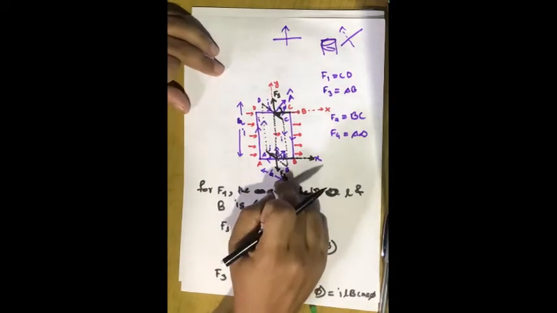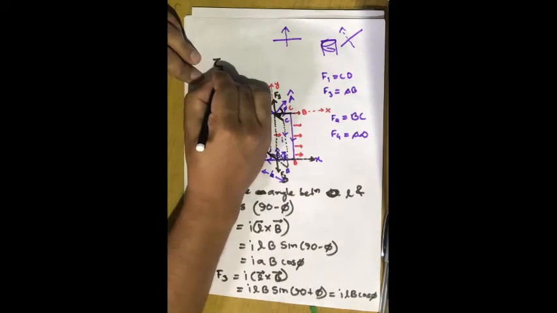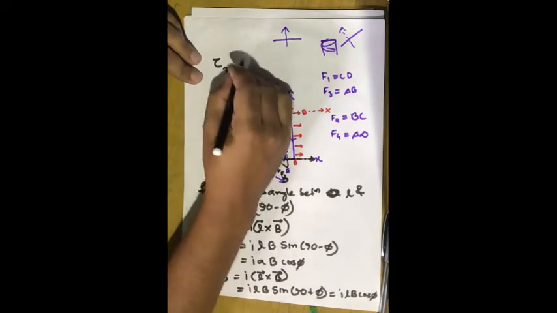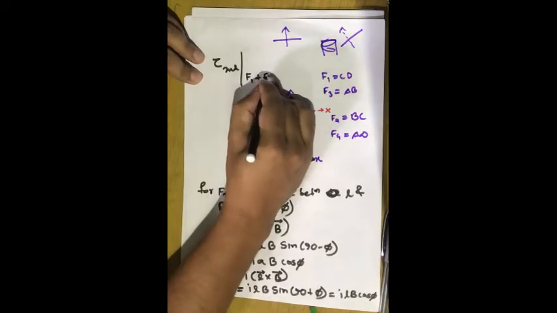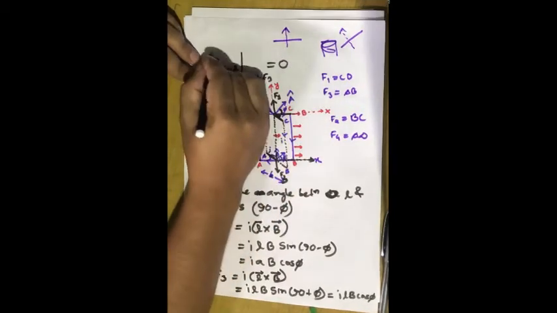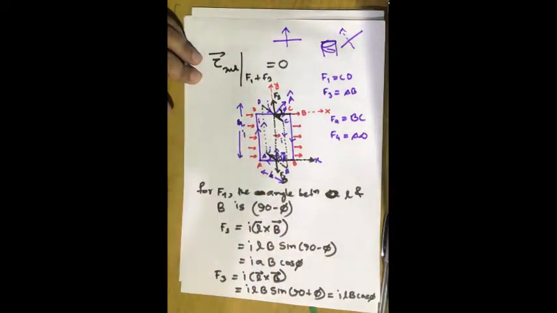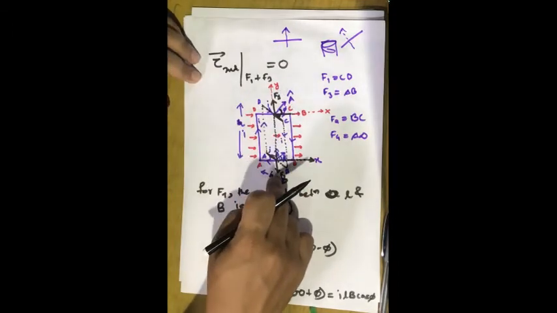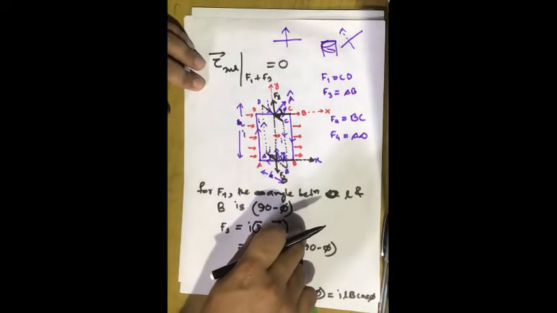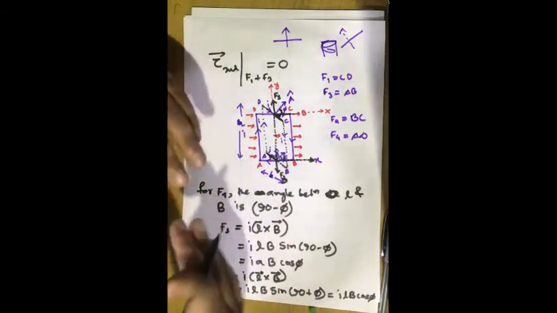Okay, so the net torque due to the forces F1 and F3 will be equal to 0. Therefore this torque will not act on the current loop at all. So we found that the forces F1 and F3, although their values are equal and their directions are opposite, will totally cancel out each other.